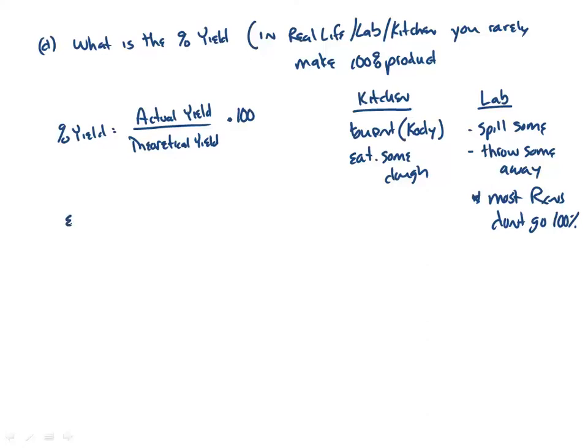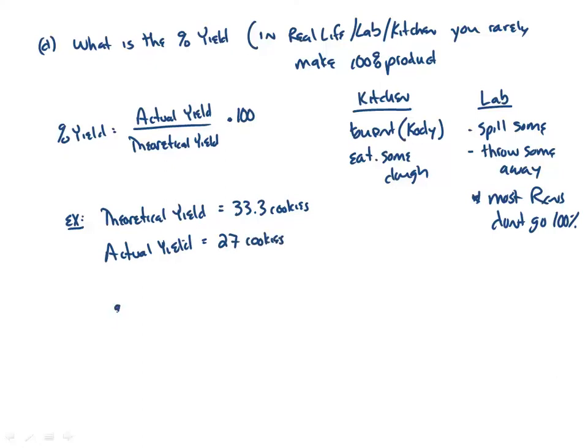So for example, in our baking exercise, our theoretical yield was how much? How many cookies could we make? 33.3 cookies. Now, if we say that in real life, meaning our actual yield, and you almost have to be given the actual yield, was, say, 27 cookies, then the percent yield is simply 27 divided by 33.3 times 100.